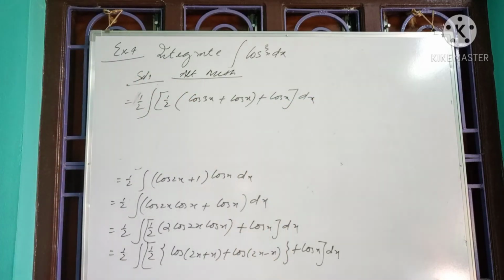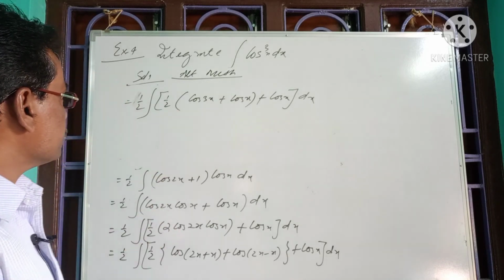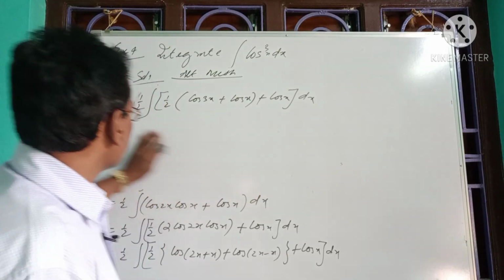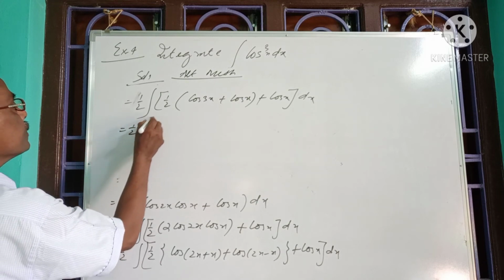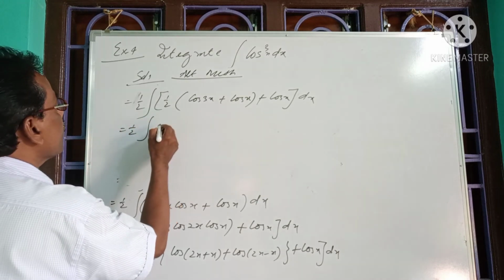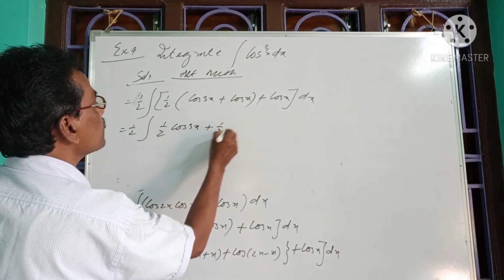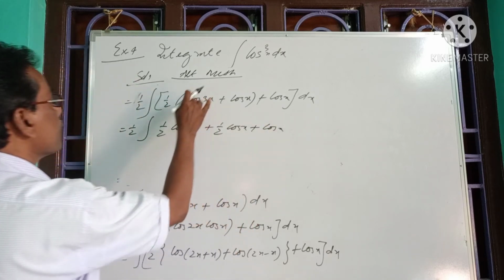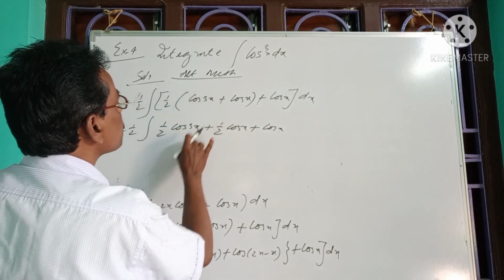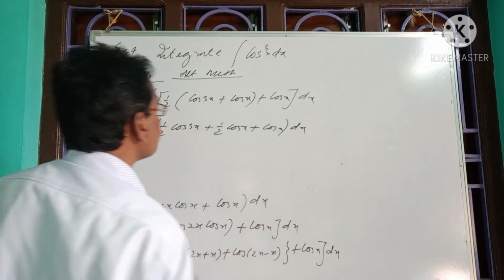So now we transform the original function into the standard form, which is now easily integrable, but before integration we have to simplify the function. That is, we have half into integration of half cos 3x plus 1 by 2 cos x, plus multiplying half, we got half into cos 3x plus half cos x plus cos x, whole integration with respect to x.